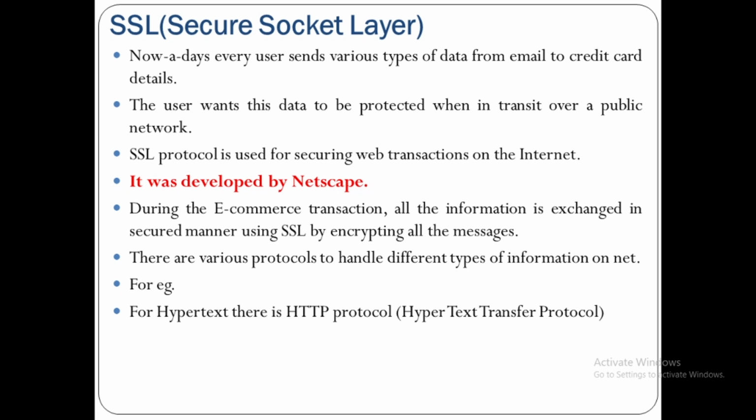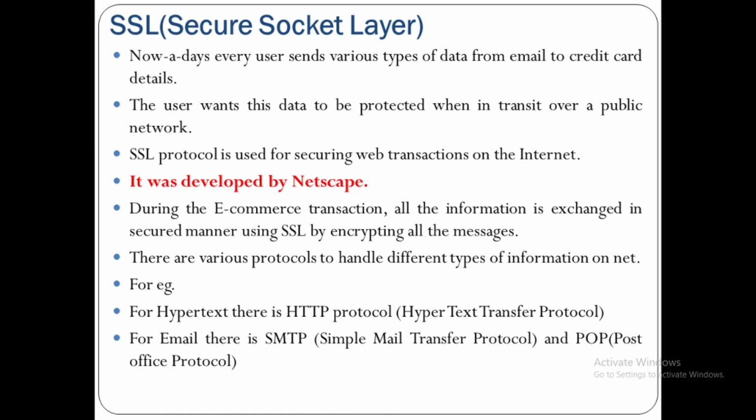So the full form of HTTP is Hypertext Transfer Protocol. Same way, for email there is SMTP protocol. SMTP means Simple Mail Transfer Protocol. POP means Post Office Protocol. So these are the protocols for various types of information. Similarly, there is SSL protocol used for security purpose on internet.